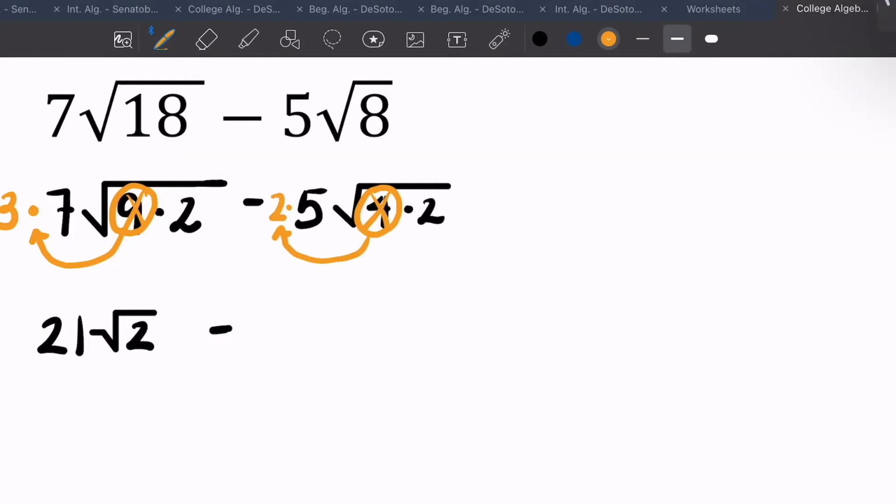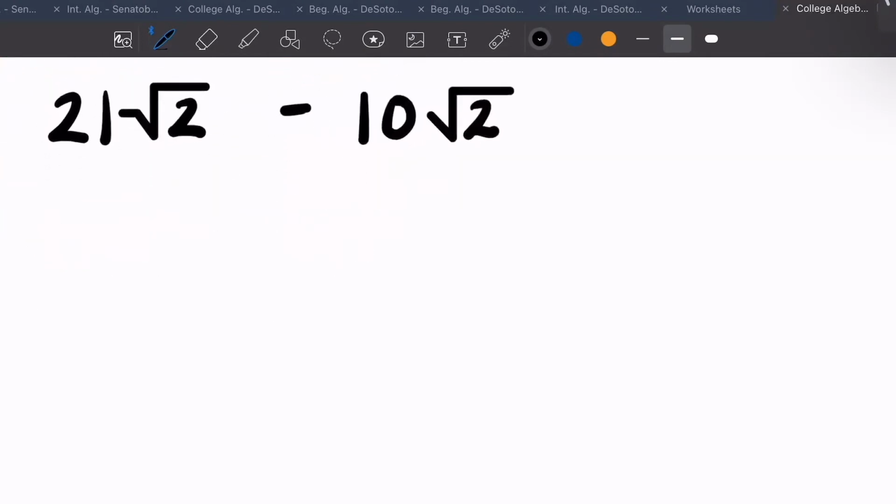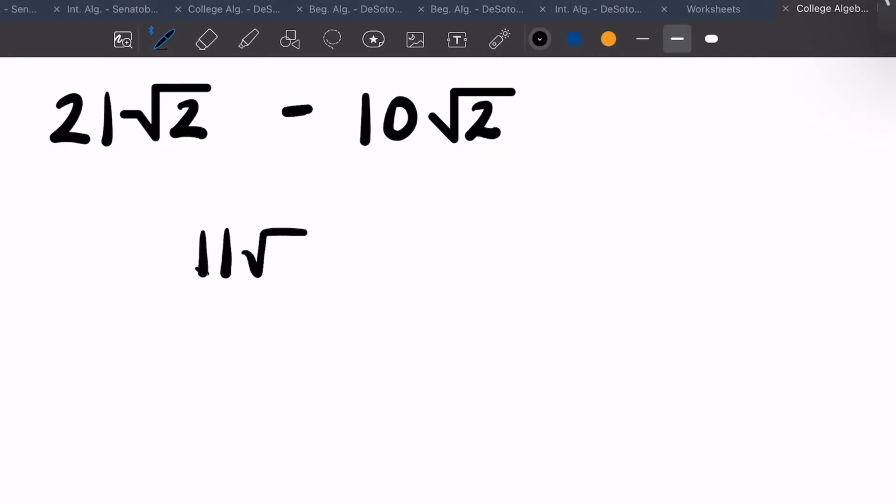I didn't take 4 out. I took 2 out because the square root of 4 is 2. So I have 2 times 5 is 10 on the square root of 2. Okay. Well, now I have something that I can subtract because these are alike. So 21 minus 10 gives you 11 on the square root of 2.